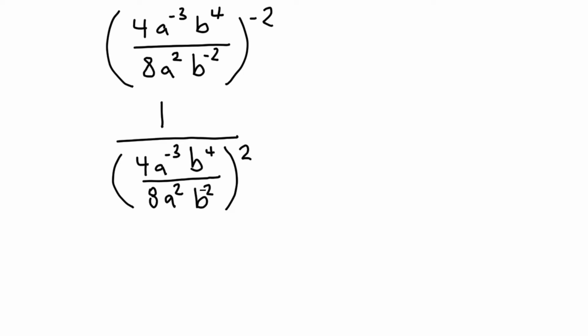Now, it might even look a lot worse to some of you, but we're going to clean this up in a moment. So what's going to happen is, since we have 1, which is the same as 1 over 1, we actually have a fraction divided by another fraction. And how we can simplify it is just flipping that second fraction.